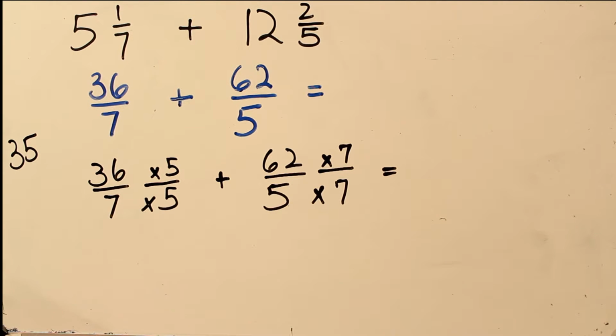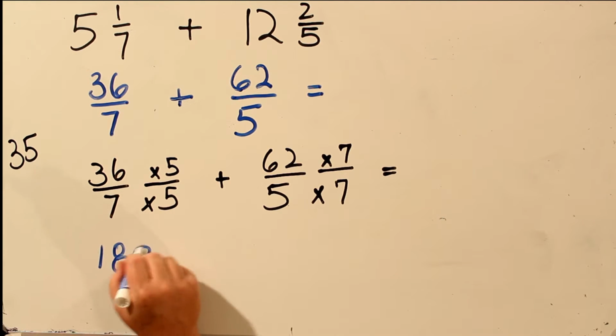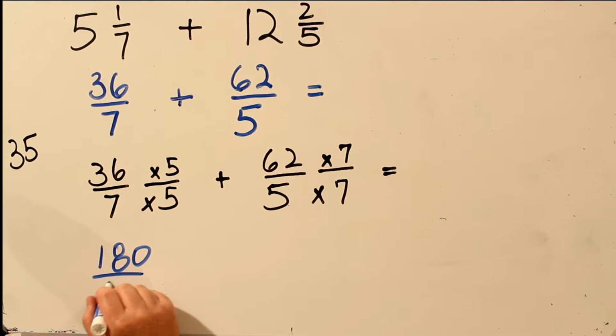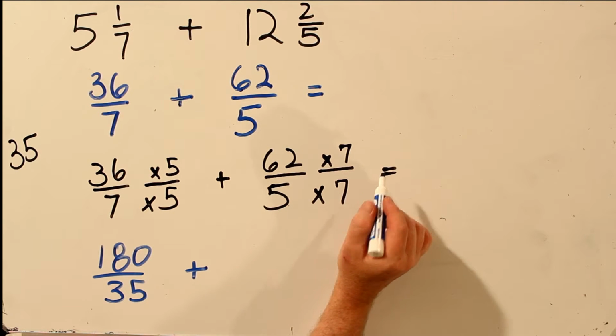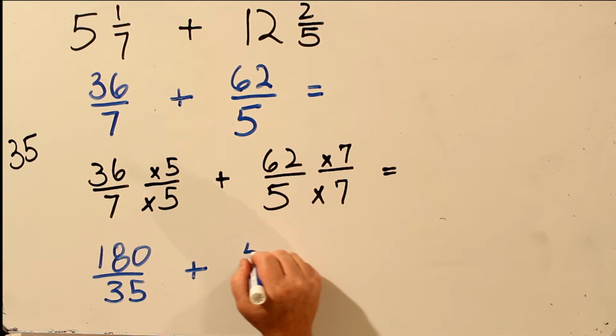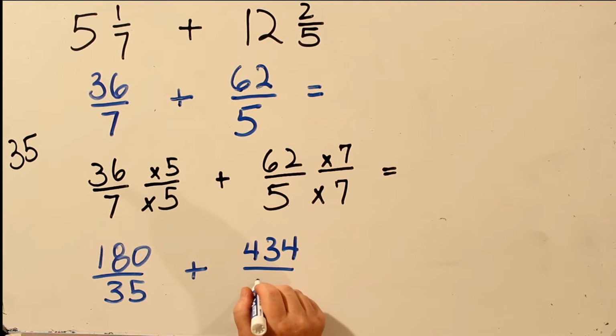Let's do the multiplications. 36 times 5 is 180. 7 times 5 is 35. 62 times 7 is 434. And 5 times 7 is 35.